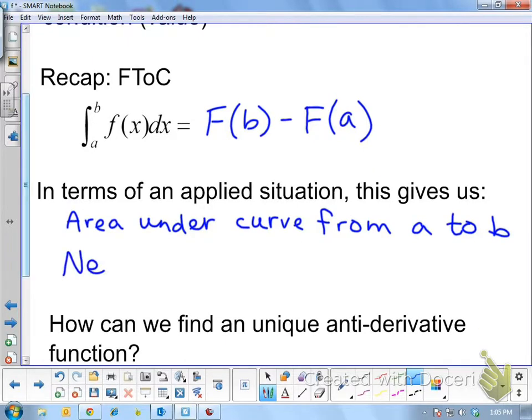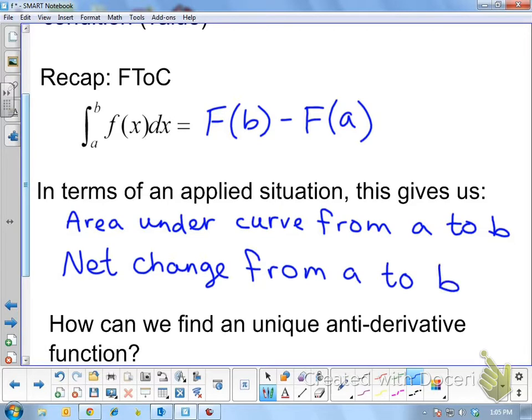So net change from a to b. I could have walked 50 feet, but maybe I started at 12 and ended at 15. So from my starting position to my ending position, the net change is only 3 feet, even though it took me 50 feet to get to that 3 feet change. But we're just talking about net change when we're talking about the fundamental theorem of calculus.